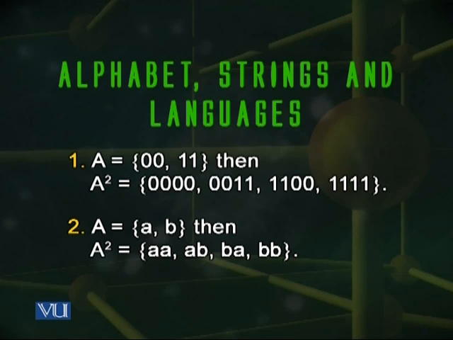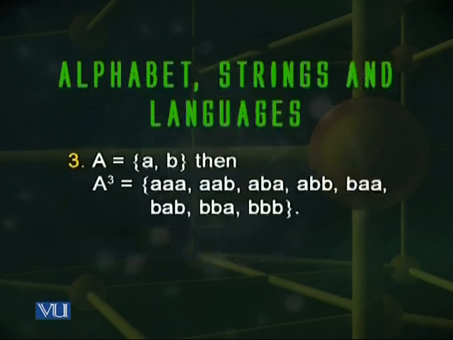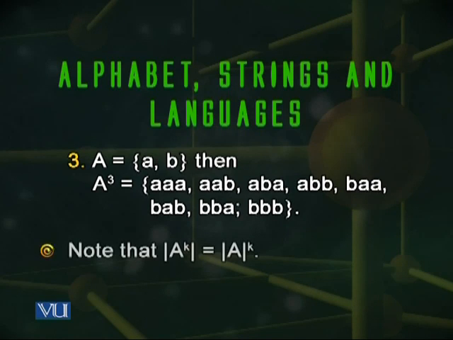If we take the same set and raise it to the third power, we'll get all strings of length 3 over AB. Namely, we will get AAA, AAB, ABA, ABB, BAA, BAB, BBA, and BBB. Of course, the size of A to the power K is going to be the size of the set A raised to the power K.